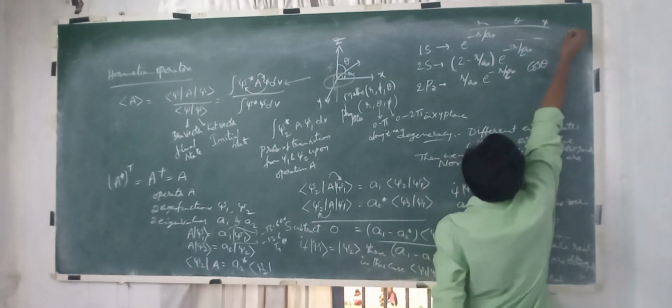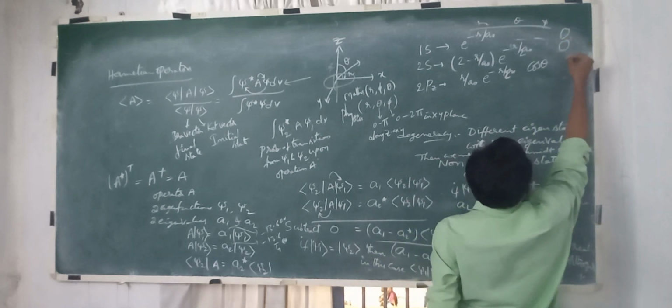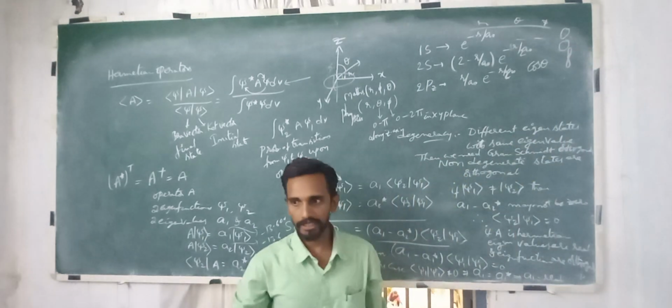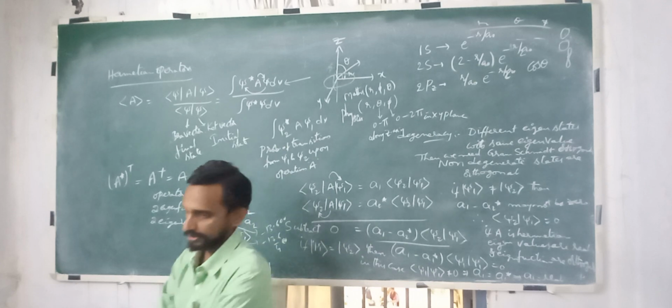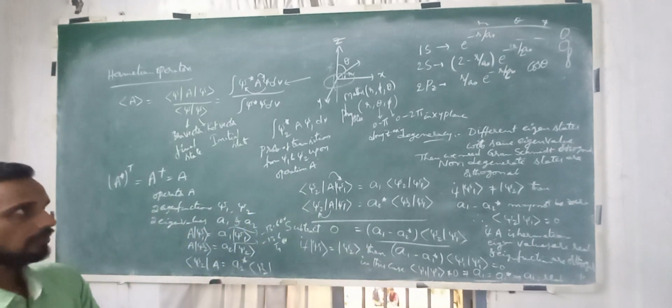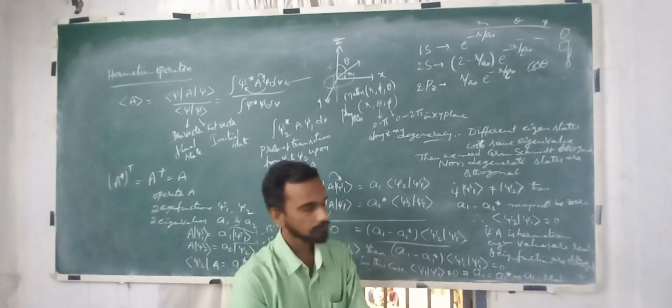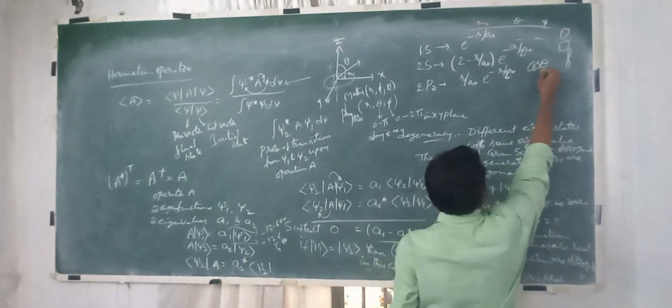So this is spherical, this is along z axis maximum probability, and in all other directions least probability.